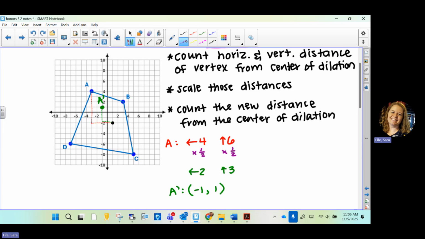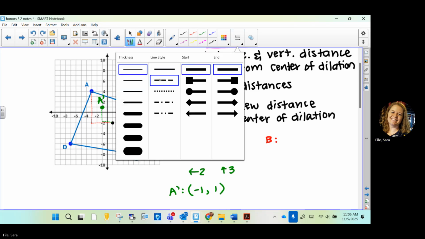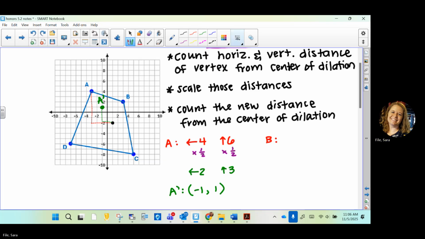So like for point B, I would have to go from the center, that's right 2, up 4.